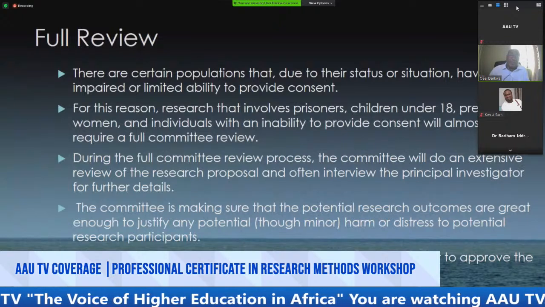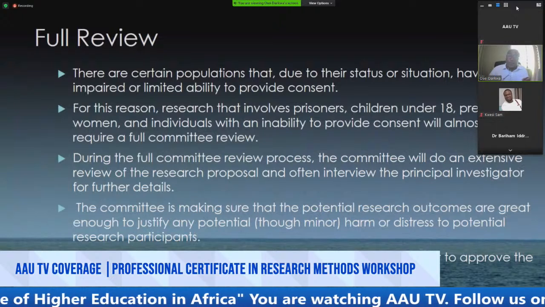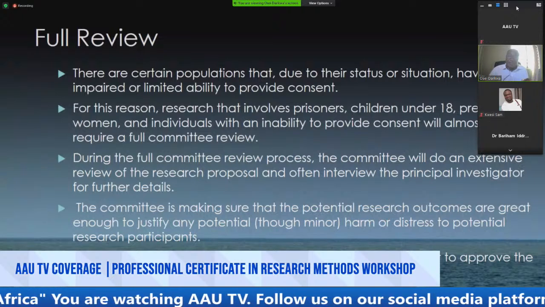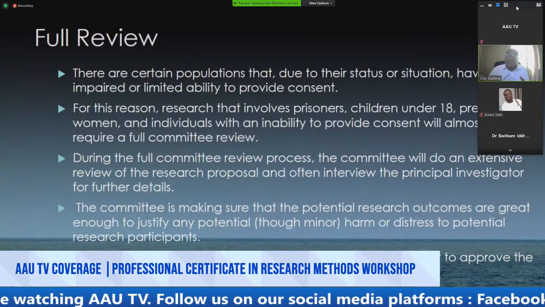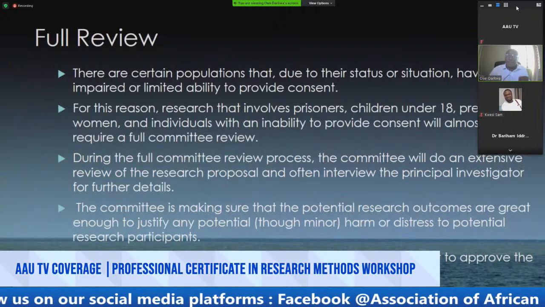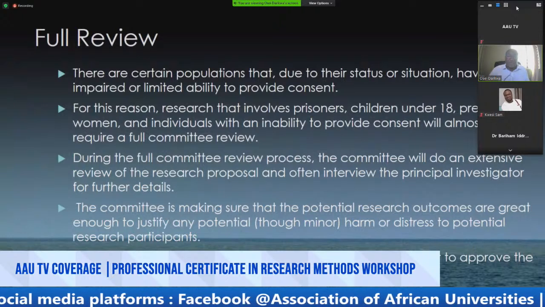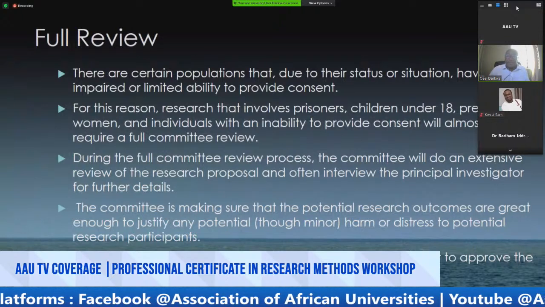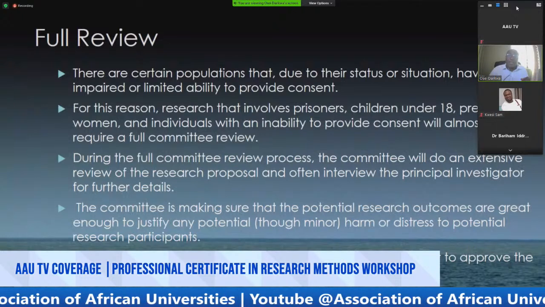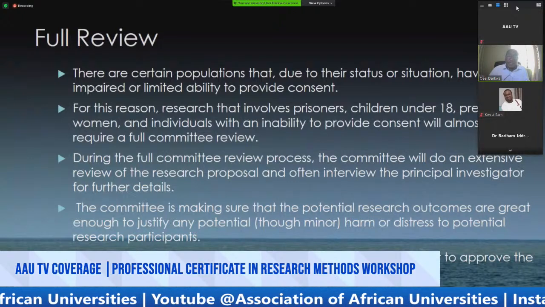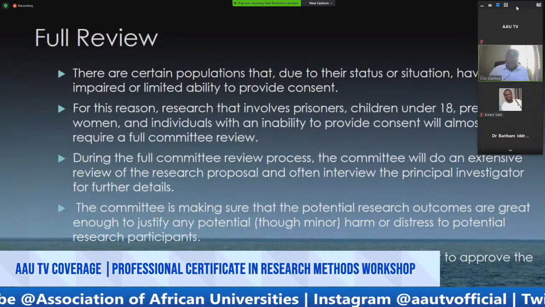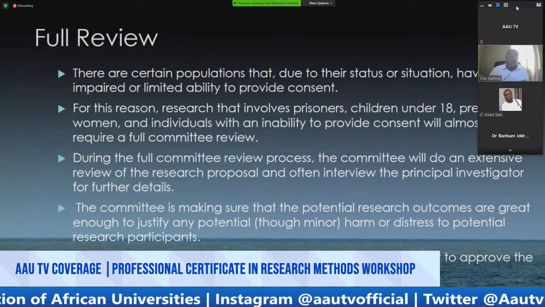It takes time for them to review because they have to ensure that their rights are fully protected. So the committee will do an extensive review of the research proposal and often interview the principal investigator for further details. They will interact with you to ask you questions about all aspects of your study. You have to respond to them. The committee has to be very satisfied before they can approve your study.